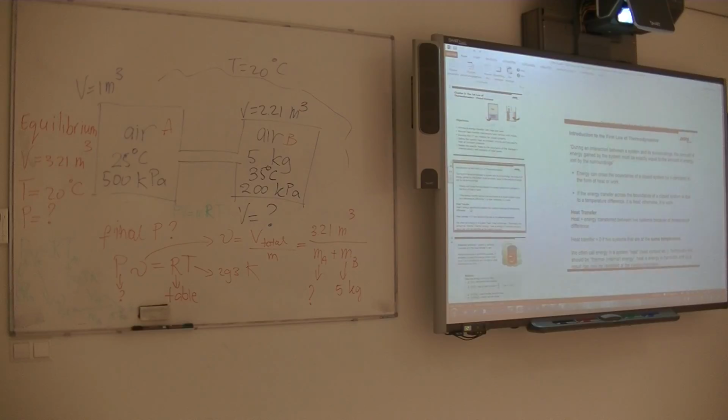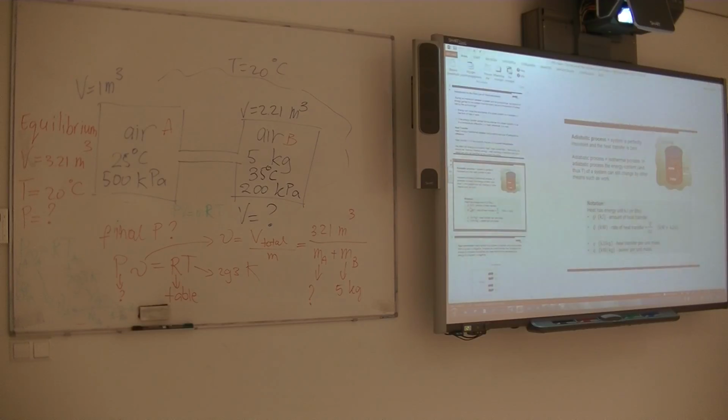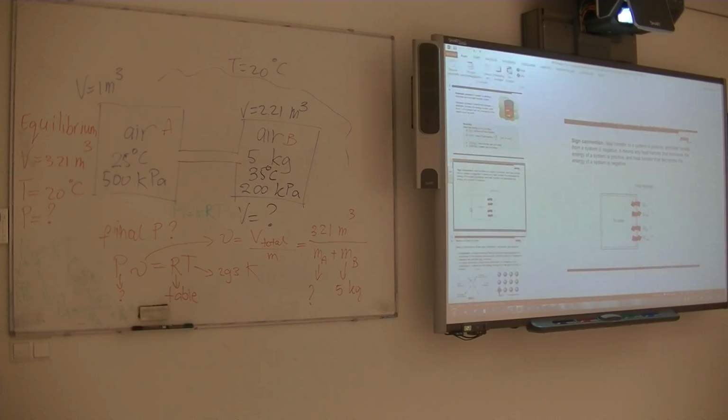So closed systems are systems where there is no mass going in or going out, and then you had adiabatic processes. Those are processes where we have no heat transfer, so you could say they're more or less isolated thermally from the environment. And then you have systems that are completely closed, where no energy can be released and no work.